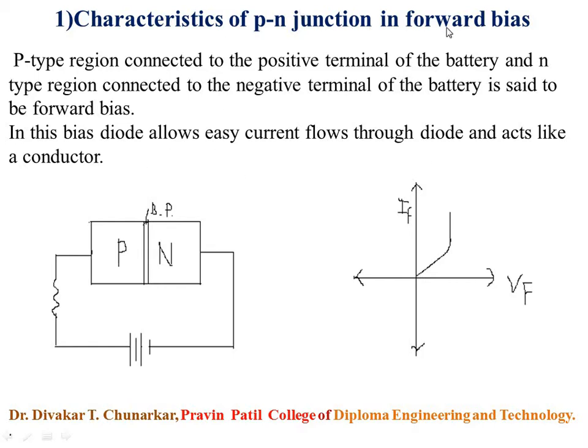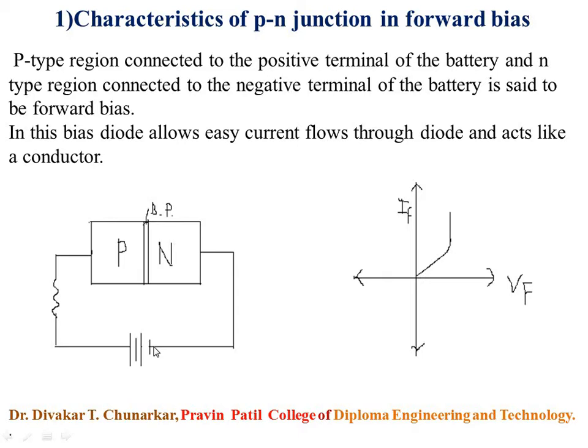In case of PN junction diode in forward bias, as shown in the circuit diagram, the P region is connected to the positive terminal of the battery and the N region is connected to the negative terminal of the battery. It is said to be forward bias. In other words, the diode is then said to be forward biased. A resistance is connected in series with the diode to limit the current flowing through it.